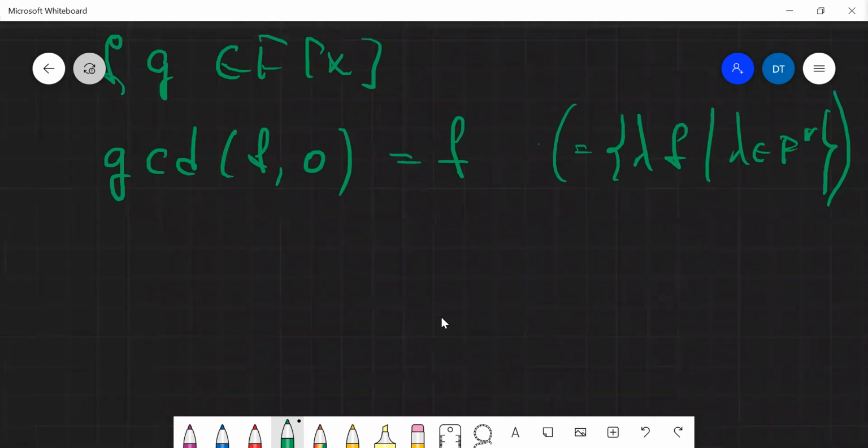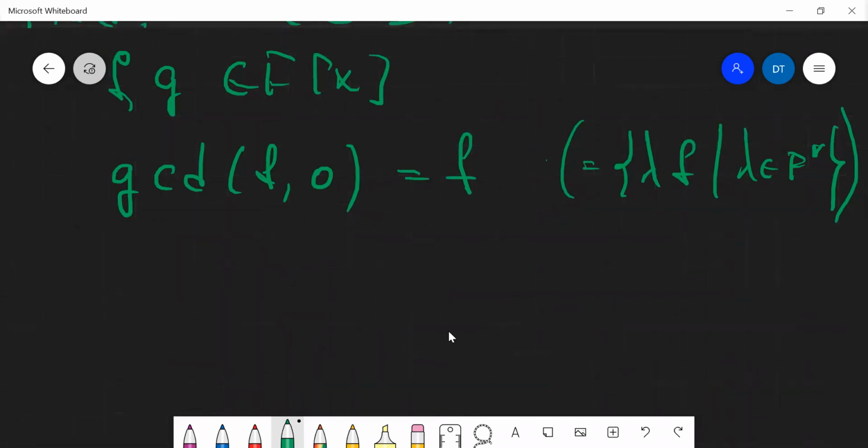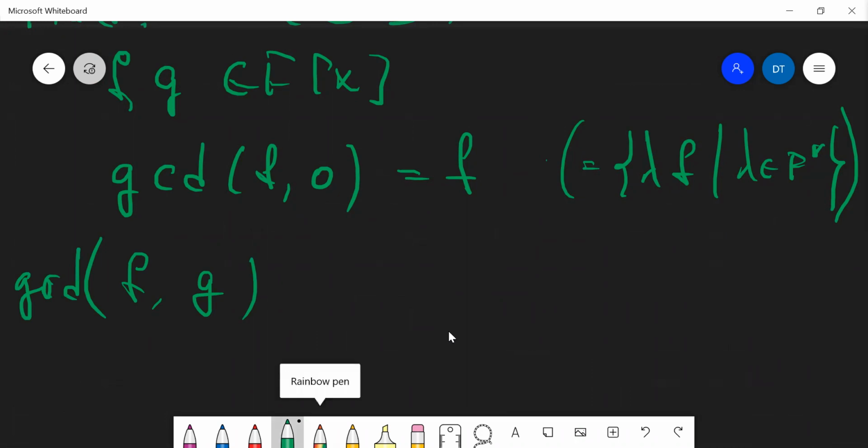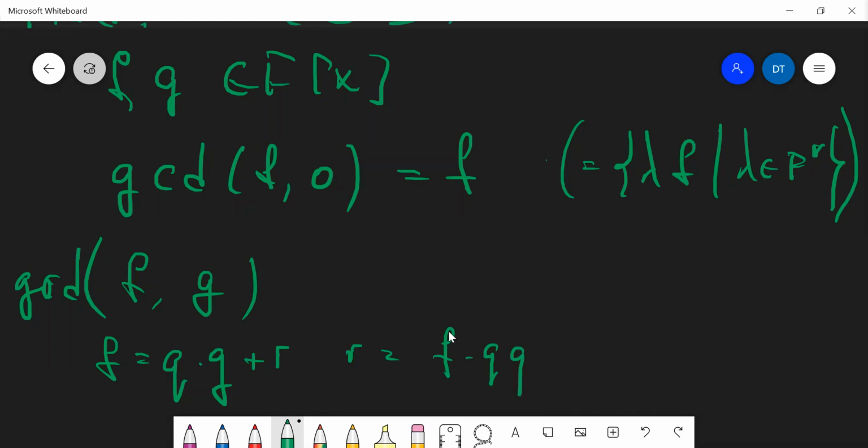But I hope that's okay if I use this form. So now, if I want to find a GCD of this pair, I just want to reduce one of these polynomials to 0. How do I do this? I divide f with the remainder by g, and then r is represented as f minus qg.